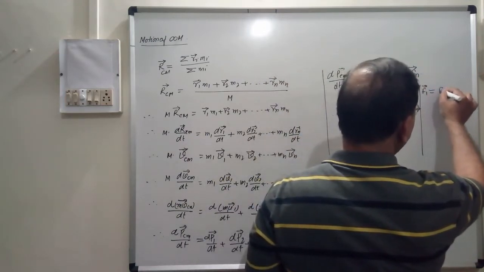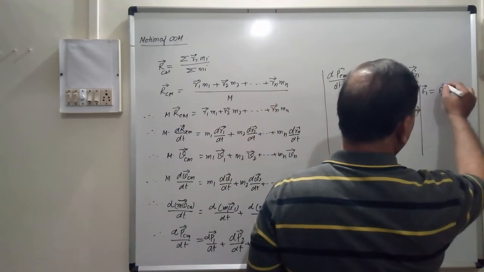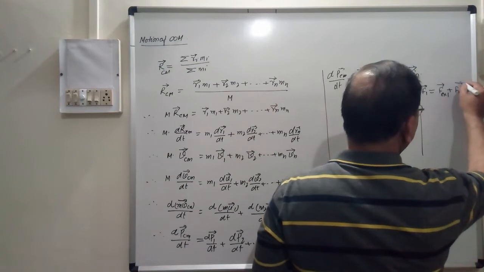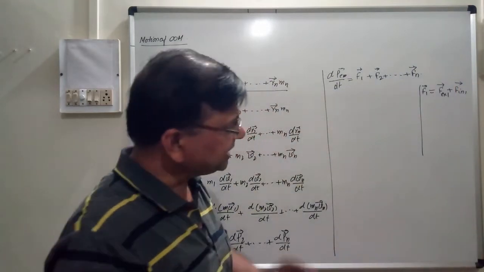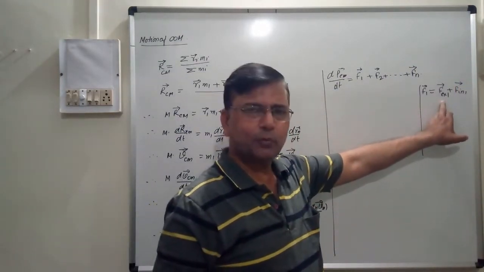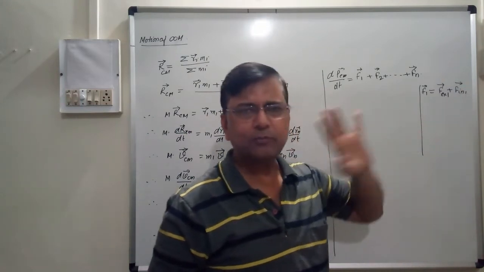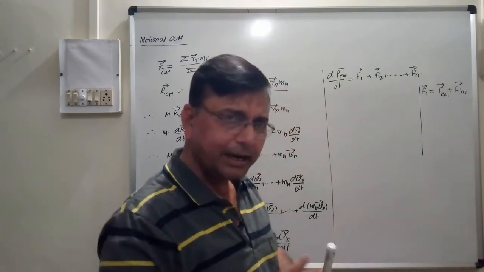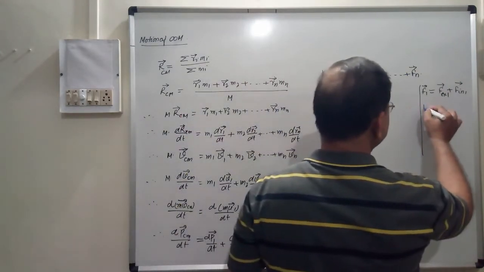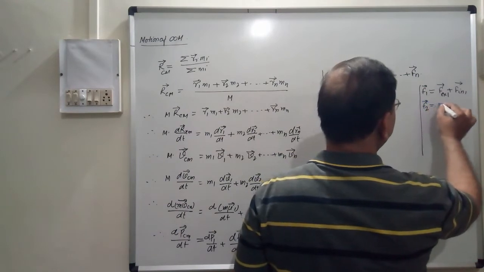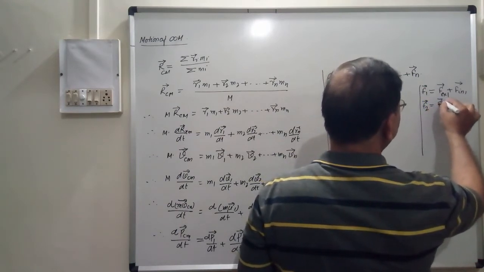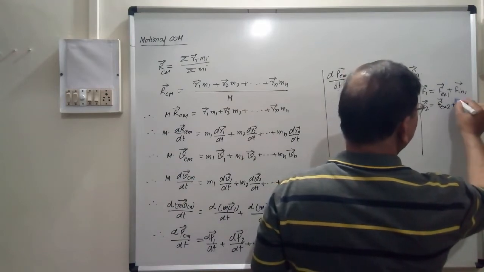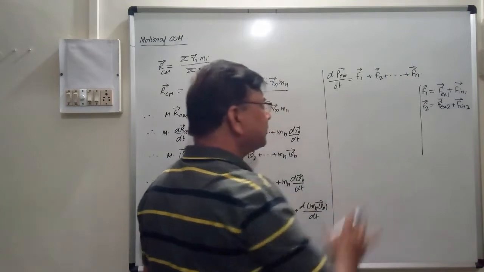F1 is equal to F external on 1 plus F internal on 1. F1 means on the first particle total external force plus total internal force. Likewise, F2 we will write F external on second particle plus F internal on 2, likewise for all these forces.